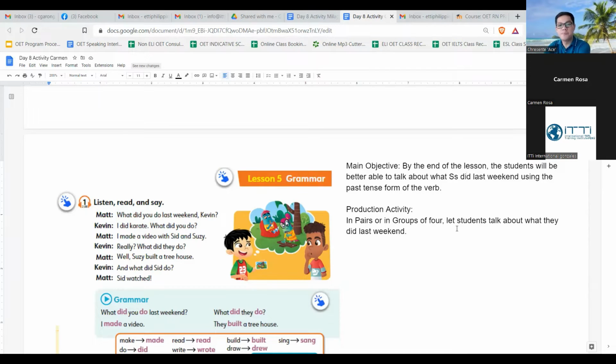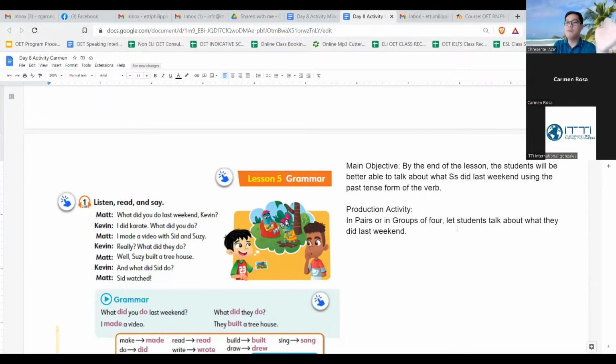So after they do this in pairs, then they can share this information with other pairs, you mean? Yes, other pairs or other groups. About them or about the partner? It's up to you. It could be about them again, or about their partner.